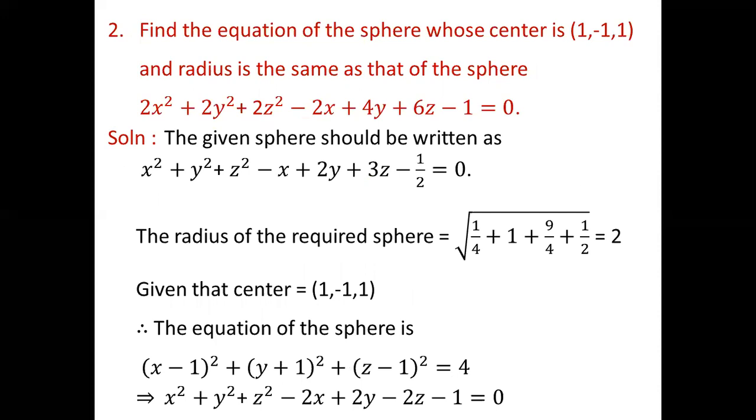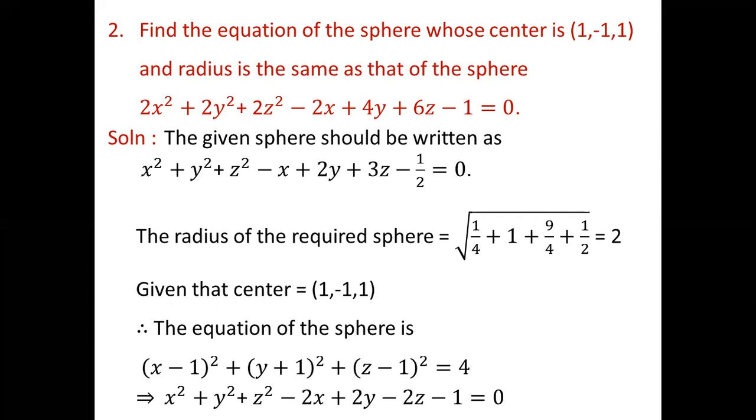So here we want to find the equation of a sphere with the given center, and the condition is that the radius is the same as that sphere. Before finding its radius, we have to divide the equation by 2 on both sides. So we get x² + y² + z² − x + 2y + 3z − 1/2 = 0.